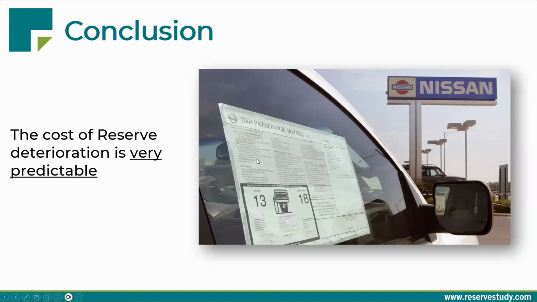We understand that buying the car doesn't mean we're done. I got the car now, but it's going to take money to keep this car going. And similarly, it takes a lot of money to keep a community association well maintained. Some are going to be more expensive, some less expensive, just by the nature of the common areas they have, materials, the amenities, things like that.